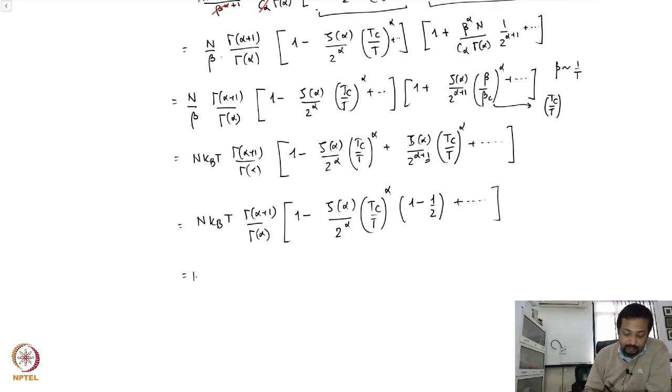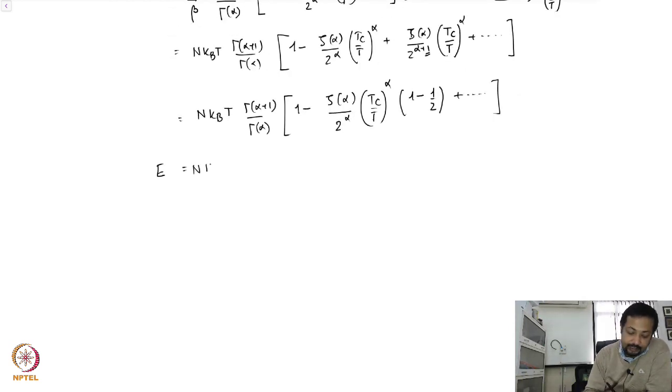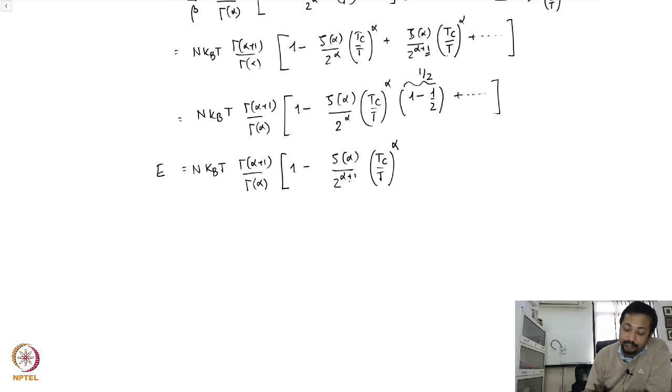And this gives me the energy as nkBT gamma alpha plus 1 over gamma alpha, 1 minus zeta alpha over 2 to the power alpha plus 1 Tc over T raised to the power alpha. Since this is half, I get a factor alpha plus 1 plus higher order terms.